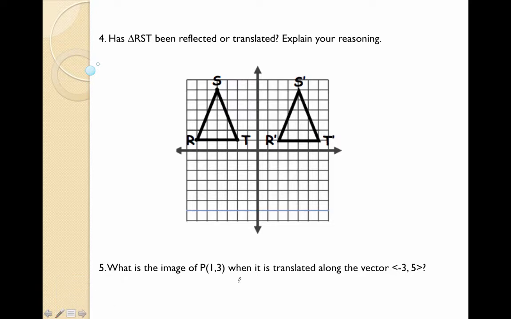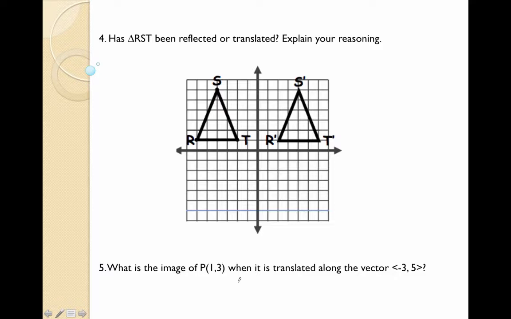Now, here's a question about one triangle and the other triangle. Because it's an isosceles triangle, if it wasn't labeled, you might not know if it was reflected or translated, because I can move the triangle over and it looks the same as it did before, or I can flip it over and it looks the same as it did before because it's isosceles.